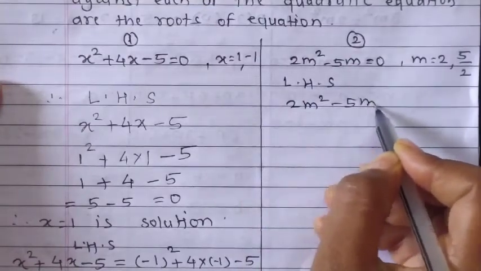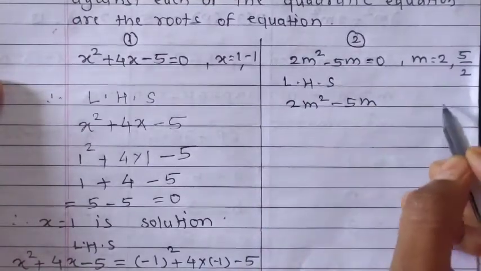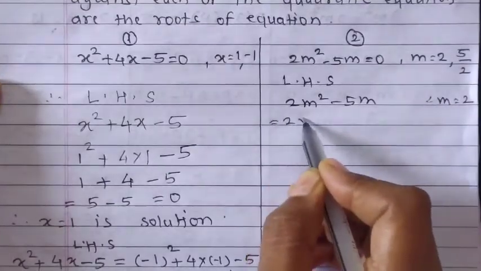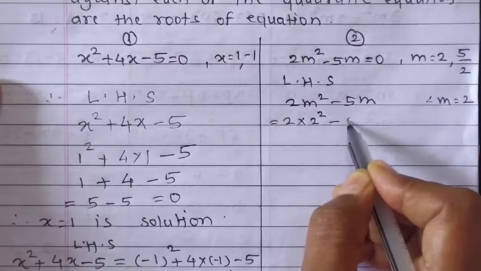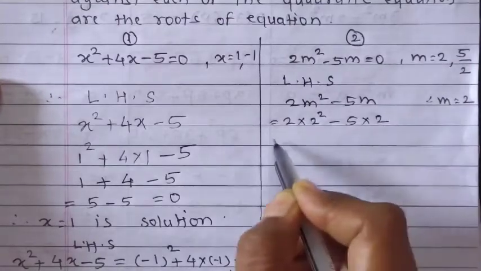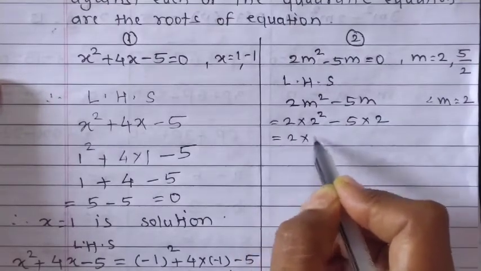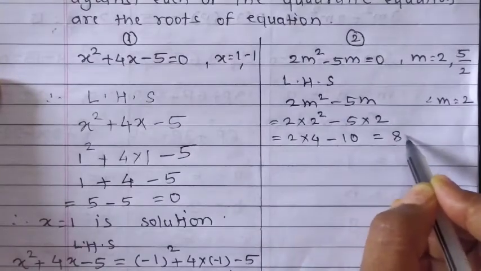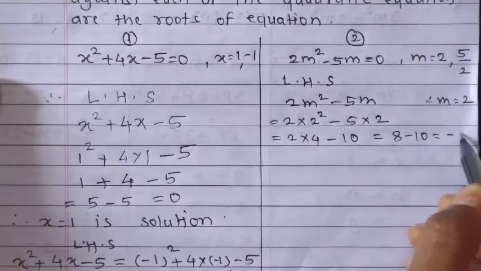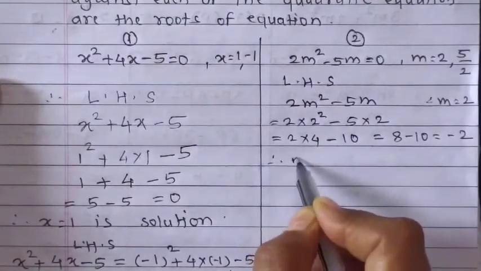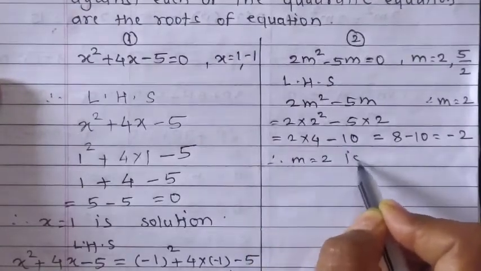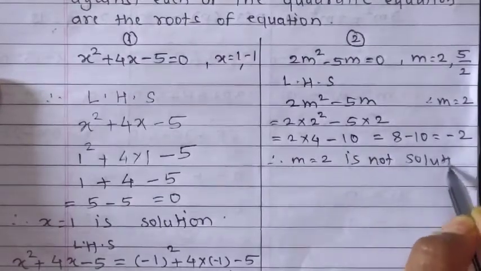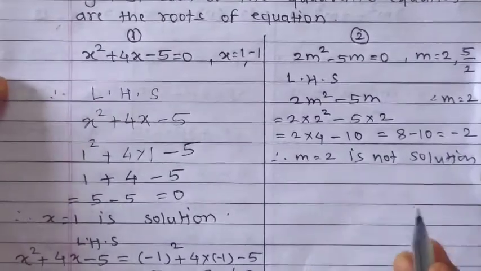Put the value first, that is m equal to 2, then 2 into 2 square minus 5 into 2, that is equal to 2 into 4 minus 10, that is 8 minus 10 equal to minus 2, and therefore m equal to 2 is not a solution of the equation 2m square minus 5m.